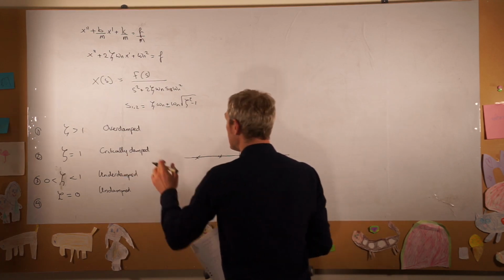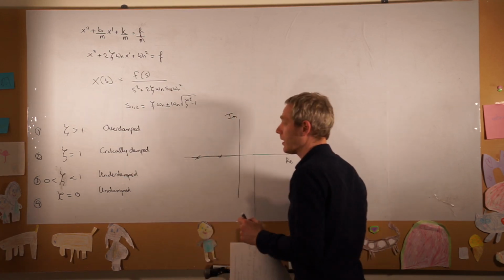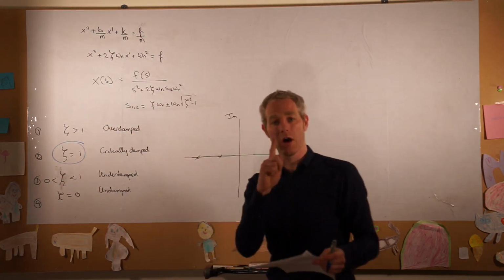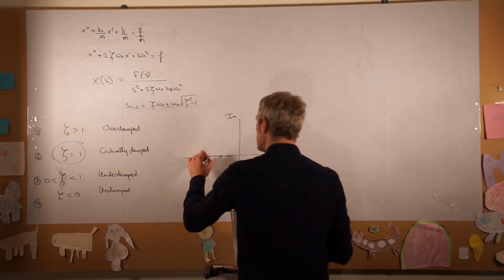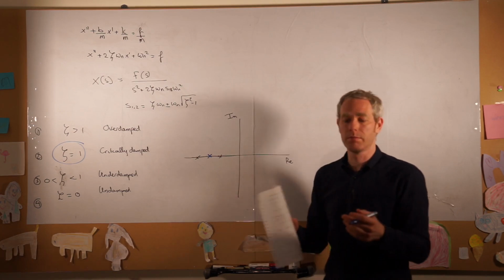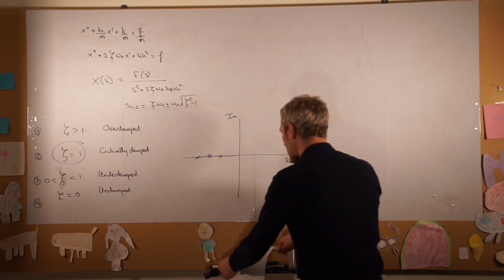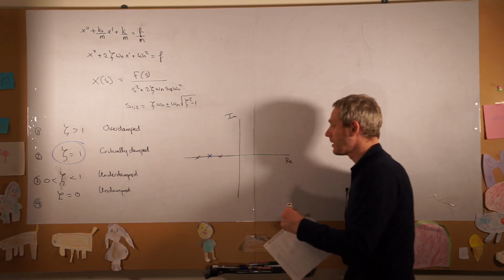If it's critically damped, and I'll do that in a different color, we'll have only one zero, and we just write it anywhere on the negative real axis.